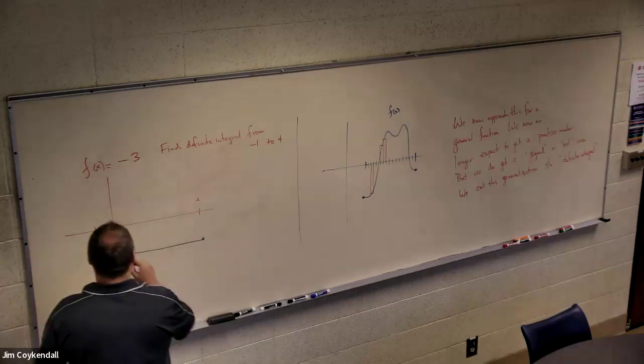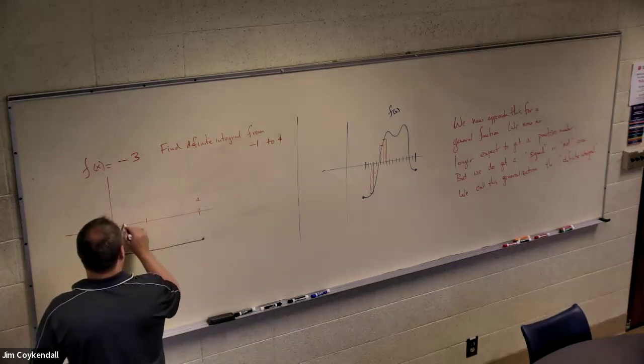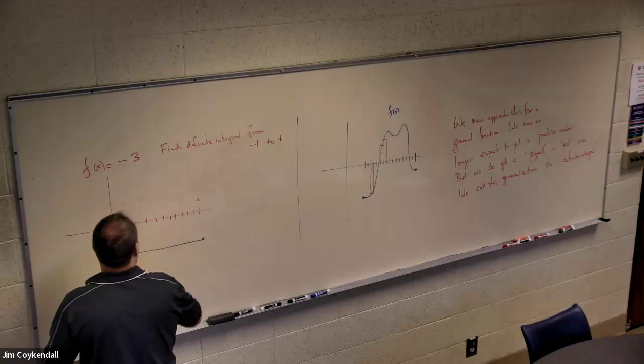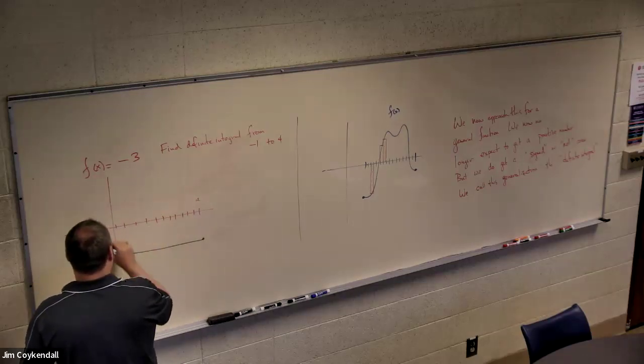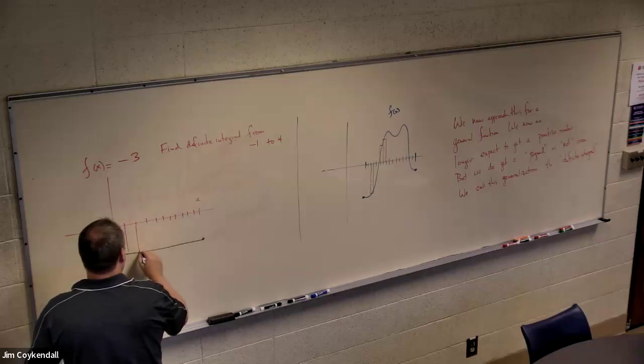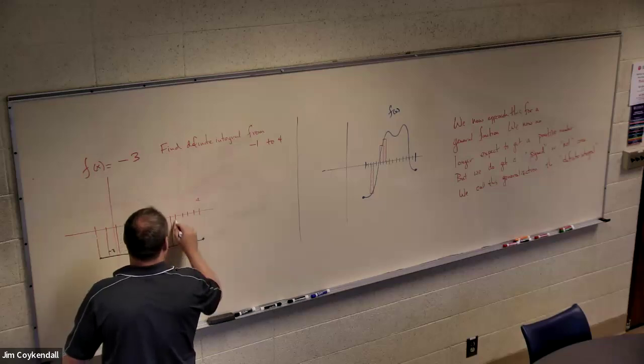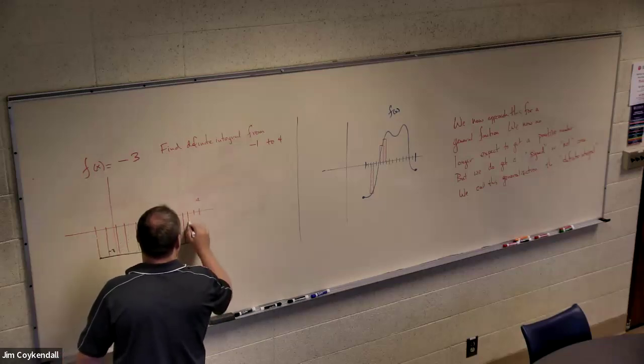Now, if I break this up into boxes, you'll see that it doesn't matter where I pick the point, the height is always the same, because this function is constant. No matter where you plug it in, you get the same value.